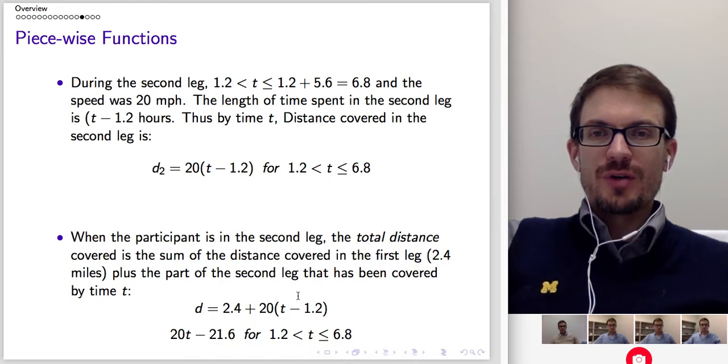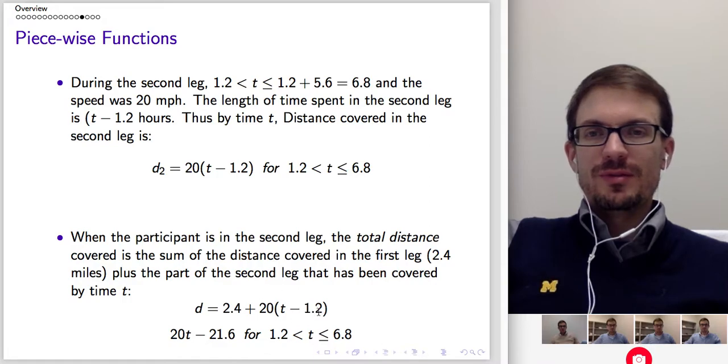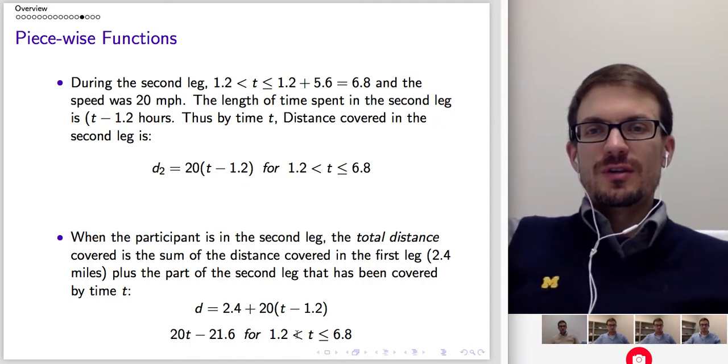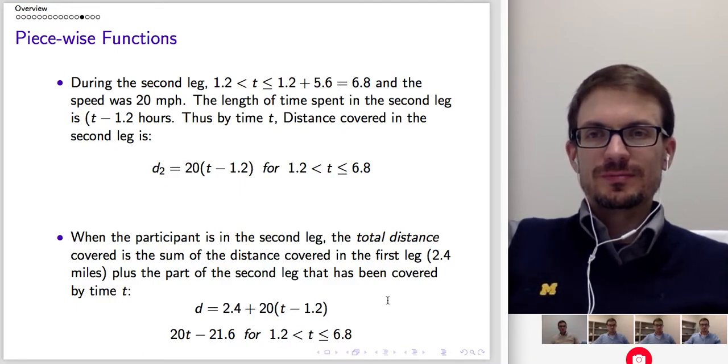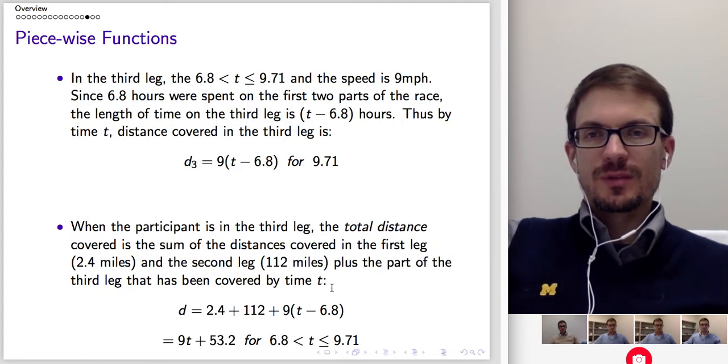Right, 20 miles per hour times some time minus 1.2. So the distance covered is 20t minus 21.6 for times between 1.2 hours and 6.8 hours. Okay. Where did this 21.6 come from? We're just distributing, right? Okay.